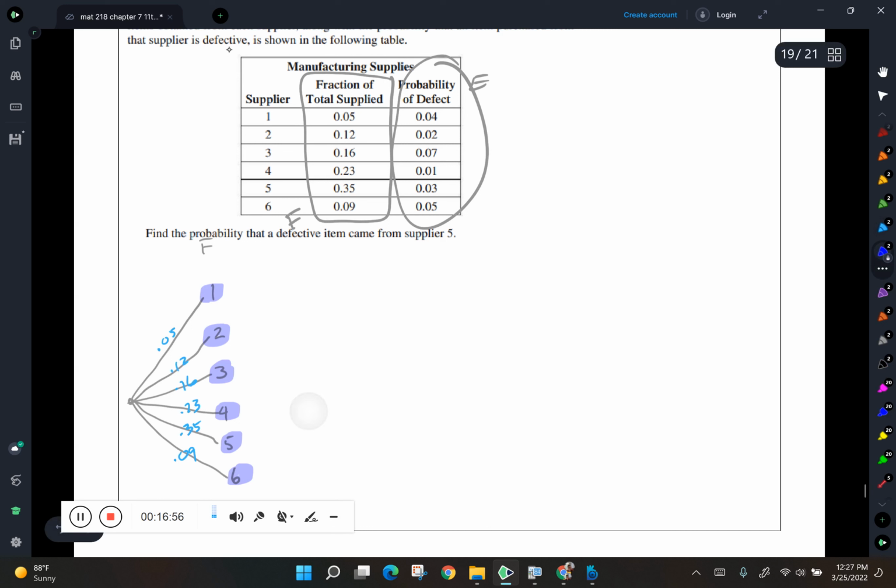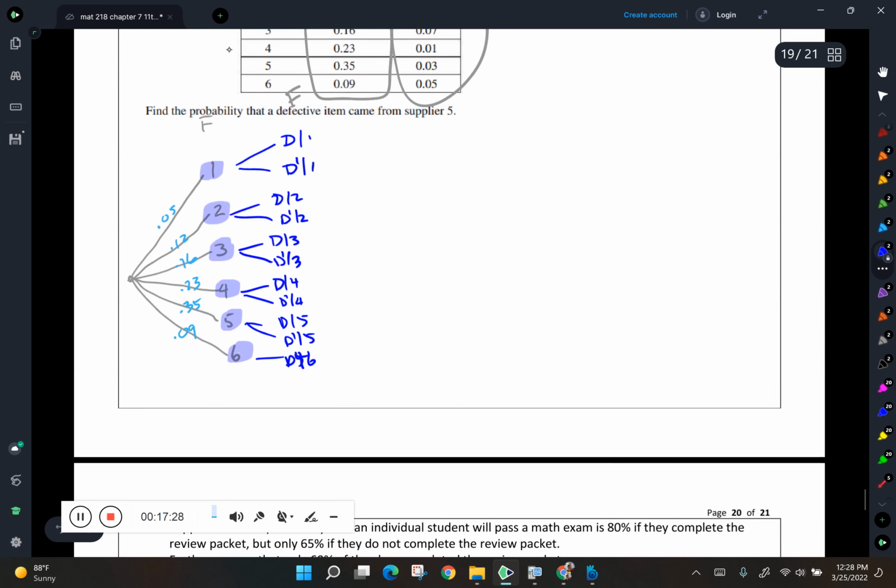And then we've got that it's either defective given that it came from 1, or not defective given that it came from 1, or defective given that it came from 2, or not defective given that it came from 2, and so on through 3, 4, 5, and 6: defective or not defective given that it came from each supplier.